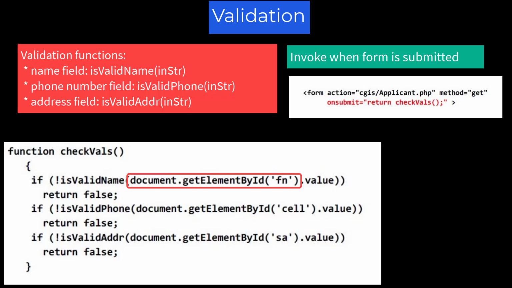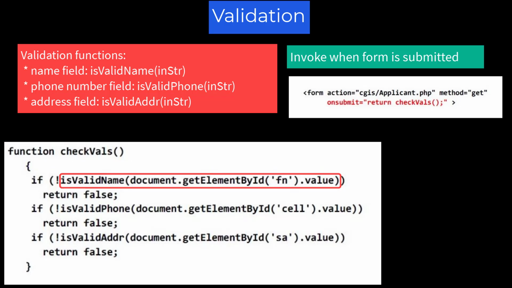Next, you access the value of this element by using the .value property. And if you want to run this value through the isValidName function, you say isValidName(document.getElementById("fn").value). Finally, recall that running this function returns true or false.